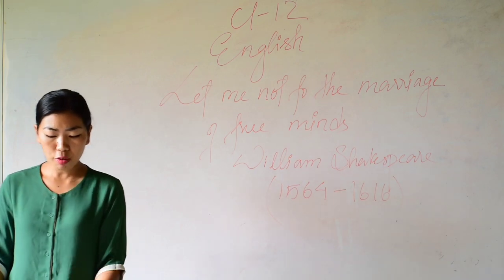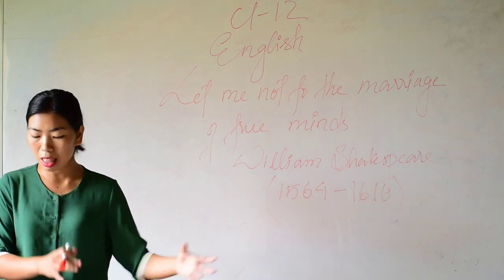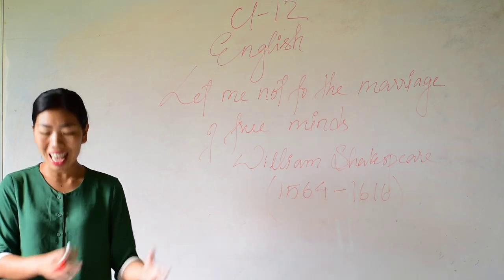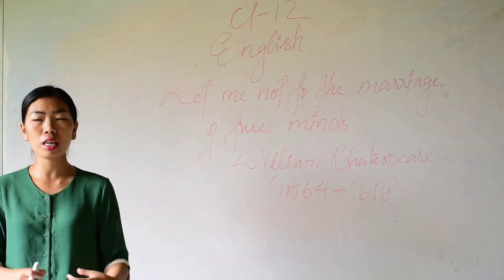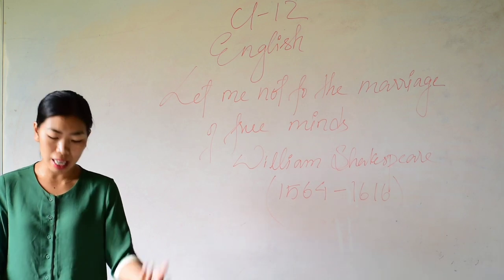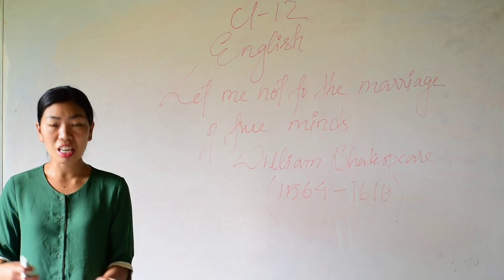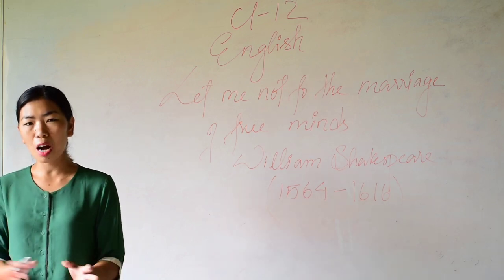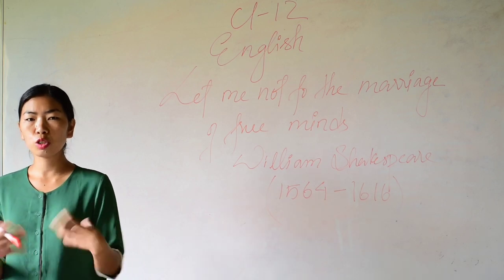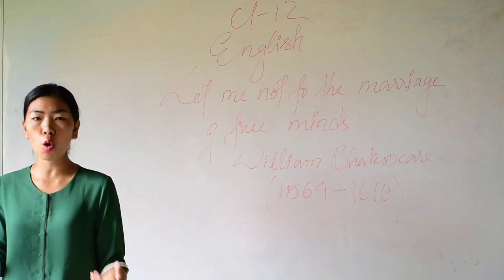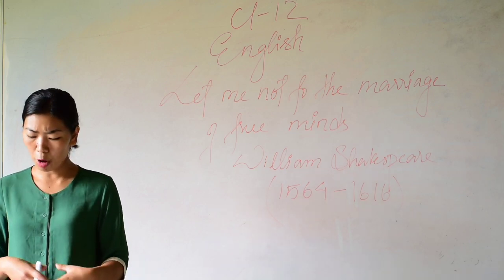So first of all, he compares that ever-fixed landmark that is in the sea to a lighthouse. In a life journey, he says love is a lighthouse that looks on tempests and is never shaken. So that lighthouse that stands in the sea is not shaken, not moved when the storm is furious, when there is bad weather.